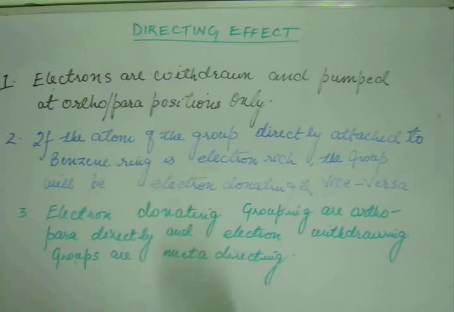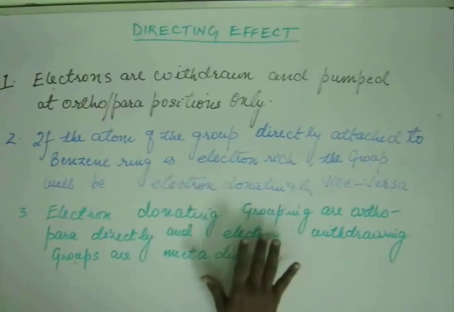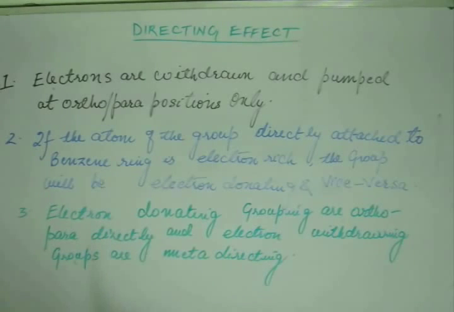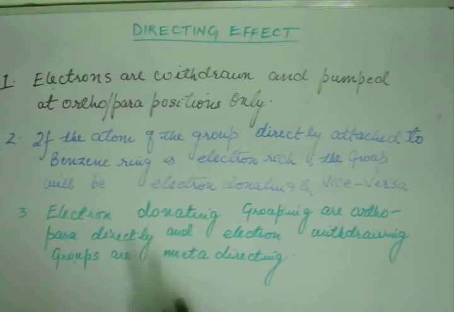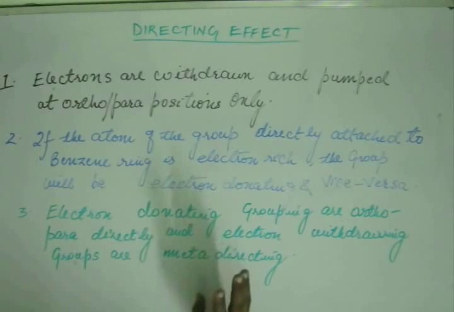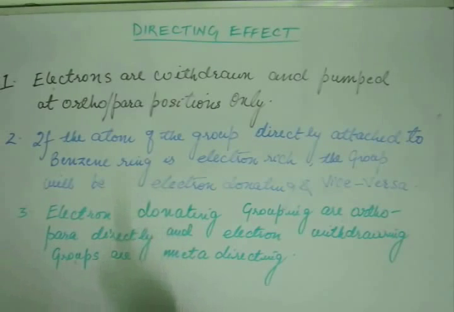To know this, we must look at the atom which is directly attached to the benzene ring in that group. If that atom is electron rich, then electrons will be gushing into the benzene ring, making that group electron donating. If that atom is electron deficient, then the electronic density from the benzene ring will diffuse out into the orbital of that atom, making that group electron withdrawing.